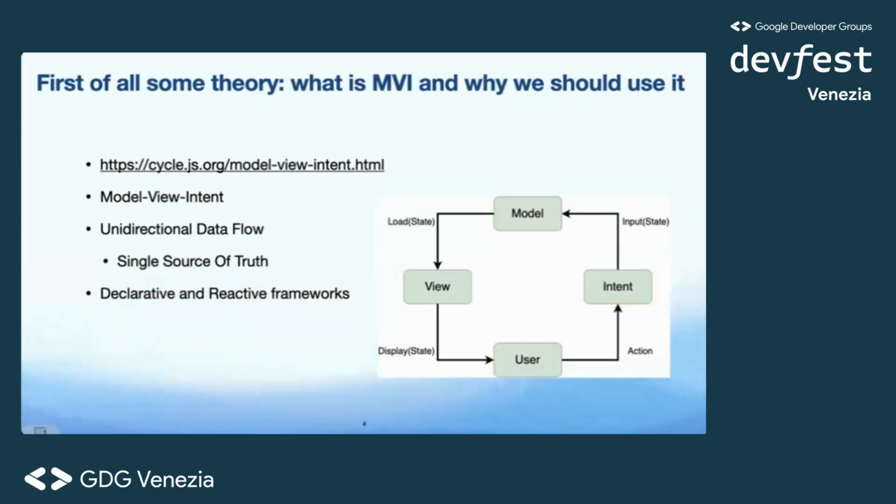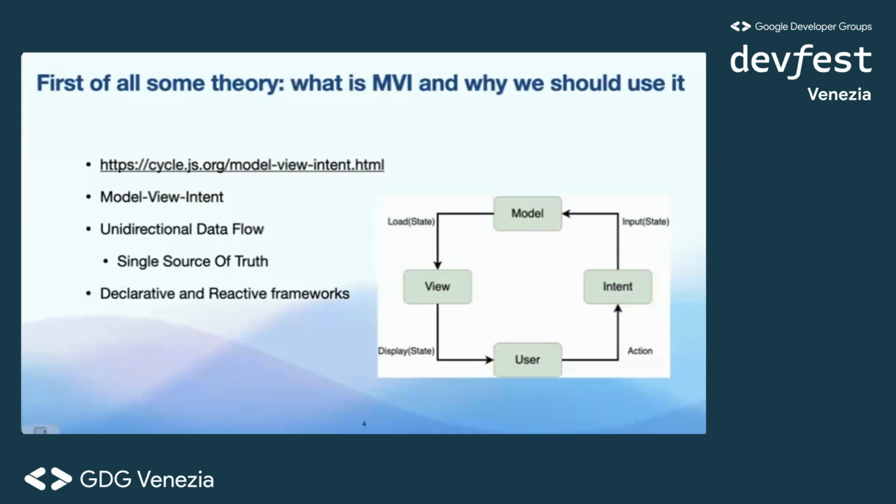If you think about other patterns like Model View ViewModel, Model View Controller, or Model View Presenter, there is always a bidirectional communication, a bidirectional data flow.